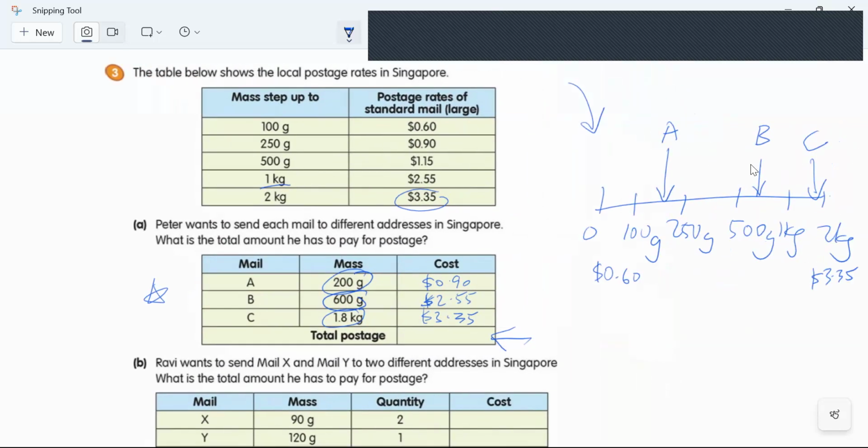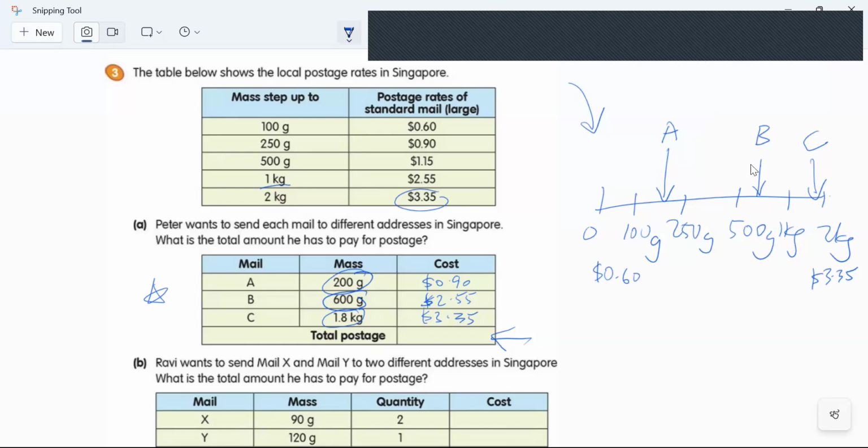I'm going to say this again. The textbook presents the answer in a table format. I like to use a range, like a number line, to see where the mail or parcel lies in terms of mass along the line, and then to decide what cost I step up to.